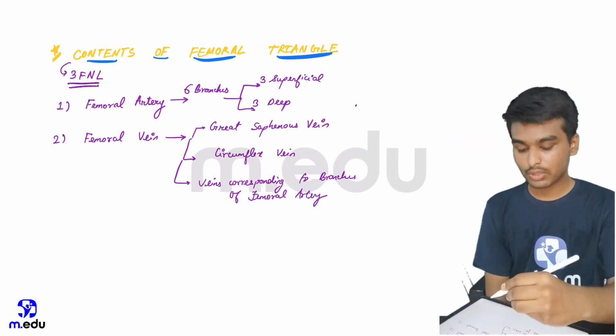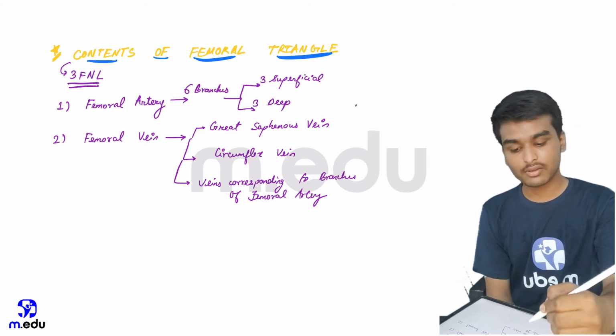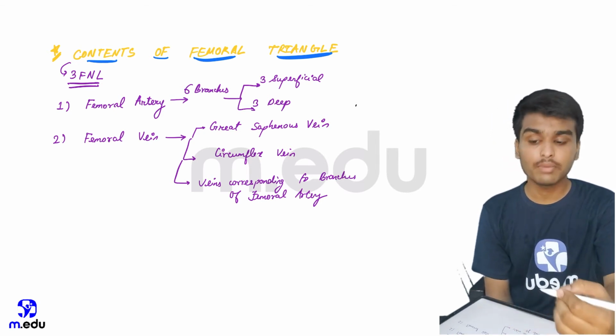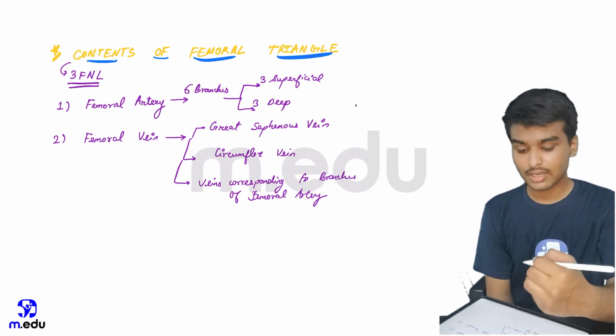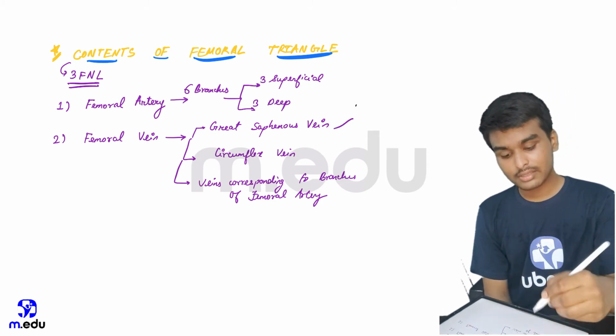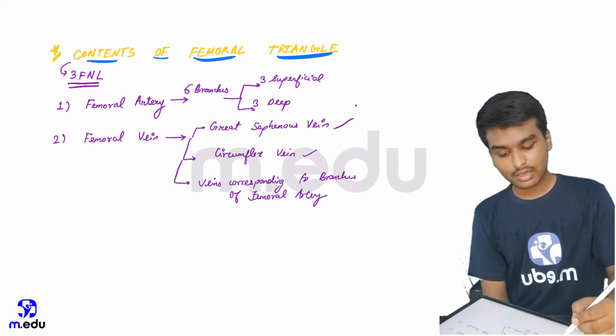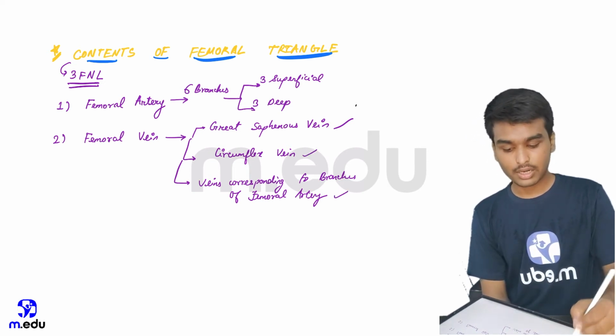So the first one was femoral artery, which has 6 branches, out of which 3 are superficial and 3 are deep. The second one is the femoral vein. It has 3 tributaries. First one is the great saphenous vein, second one is the circumflex vein, and third are the veins corresponding to branches of femoral artery.